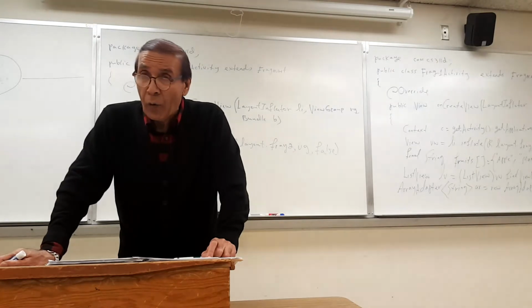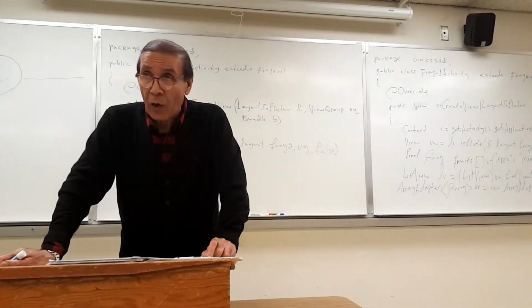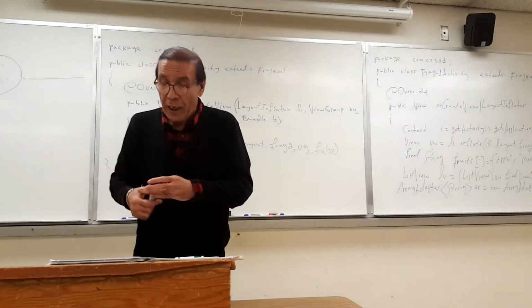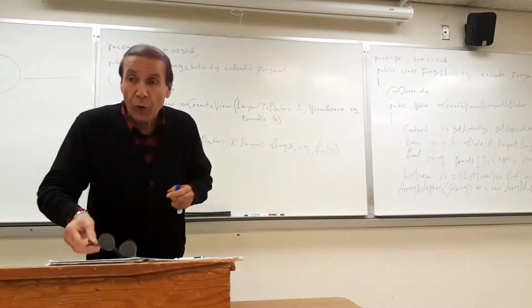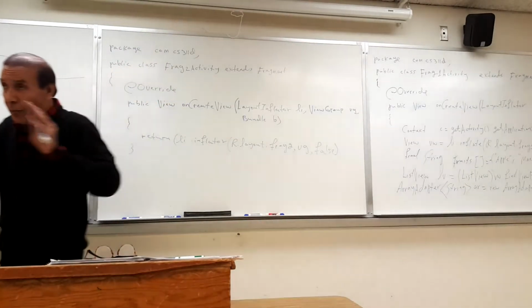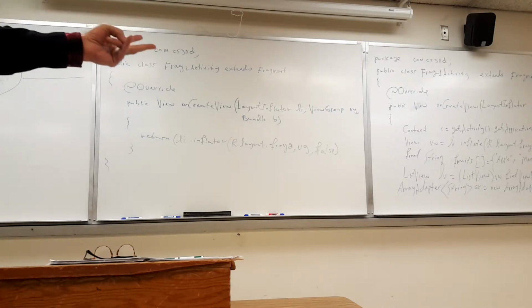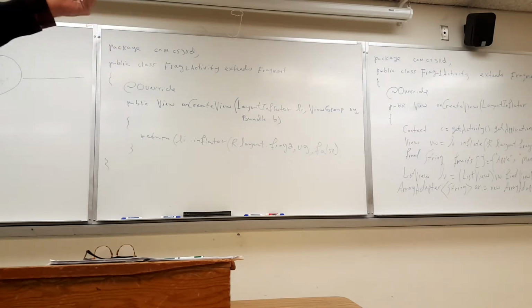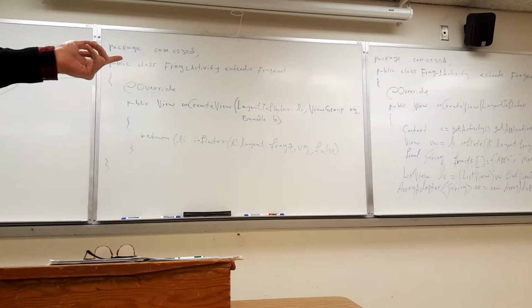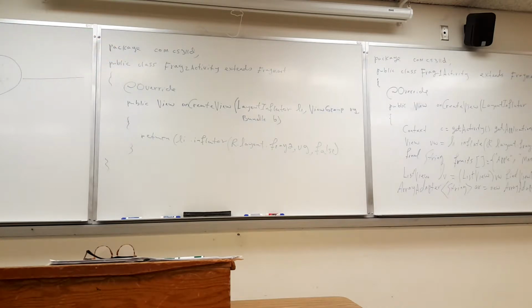What we did so far was we made two XML files for the layout of fragment 1 and fragment 2. We made two Java classes, Frag1Activity and Frag2Activity, right? Okay? And now we need to combine them together.